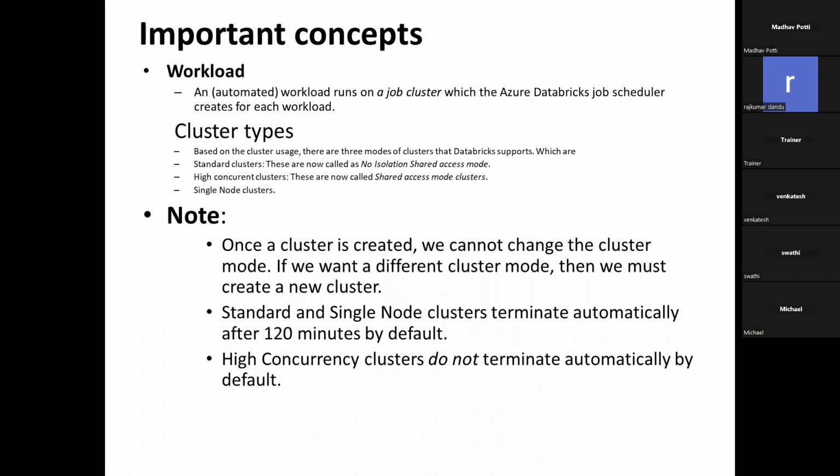Okay, and whenever you need a cluster again, you can recreate it. It just takes a few clicks to create a cluster. It's not more than that, right? But high concurrency ones will not terminate automatically. You need to manage them manually according to your use case and need.